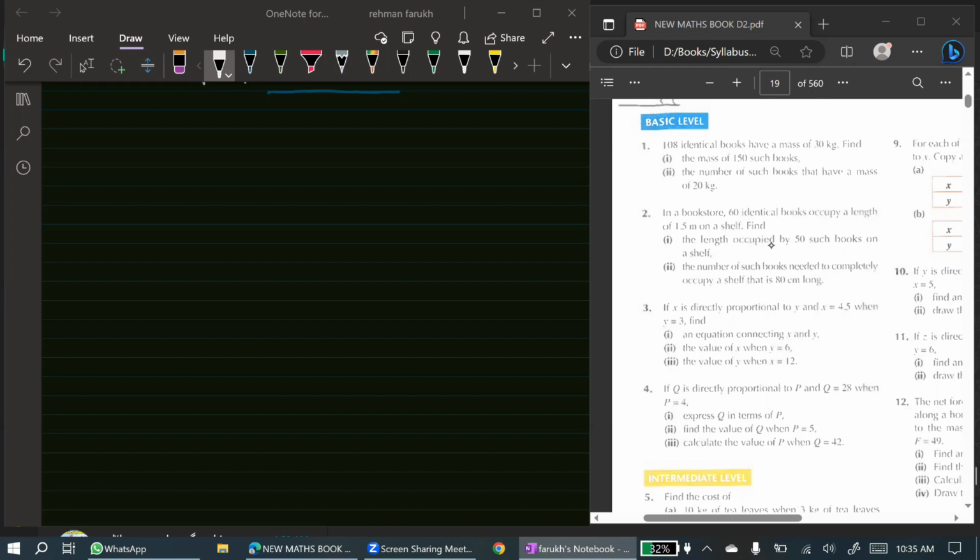And how can we write this mathematically? Distance is directly proportional to speed.